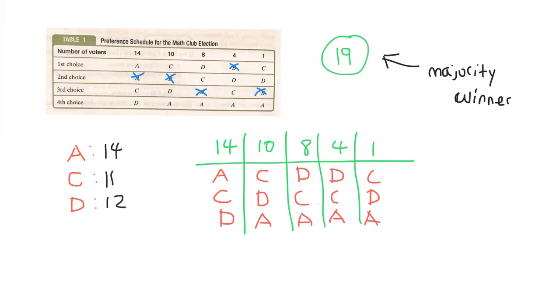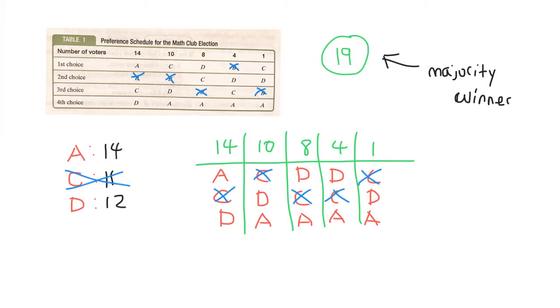It's still the case that none of the candidates have reached 19 yet, so we don't have a majority winner just yet. But we're still going to follow through with that same process where we take note of the person with the least first place votes. In this case, it's C, and we're going to eliminate them from the competition. So we are now eliminating C, and we're going to do it from here this time.